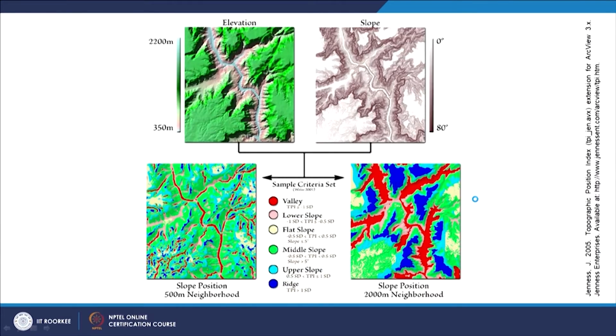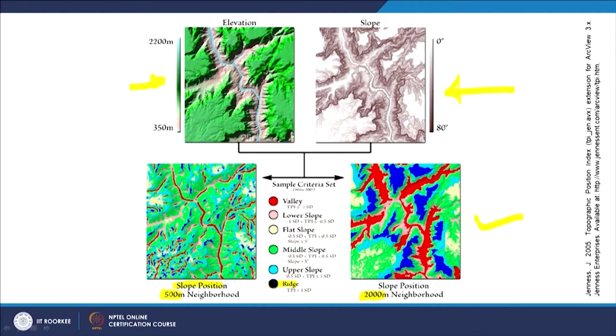Now, here again is the same example, but based on the slope classifications. Here is your input digital elevation model, this is the slope map on the top right, and then slope position again at 500 meter spatial resolution and 2000 meter spatial resolution. See the valley part in the right hand image, that is 2000 meter, is very large, and the same with the ridge part.